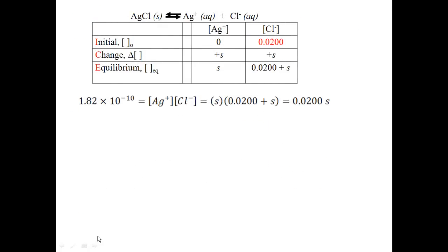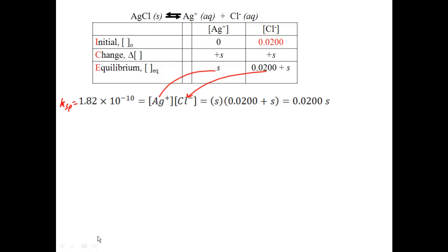I'll set up my KSP. KSP is equal to 1.82 times 10 to the negative 10th, equal to my concentration of silver ion times the concentration of chloride. So then plug in those values, S and 0.02 plus S. Now once again, I can do some arithmetic or get around it.